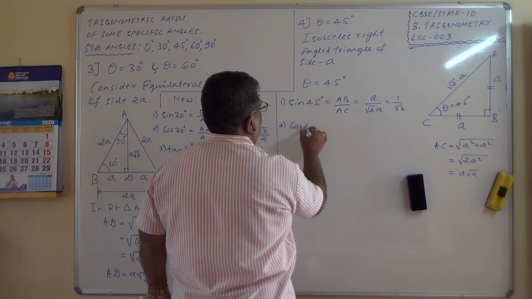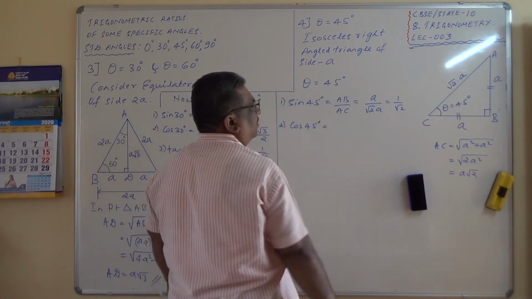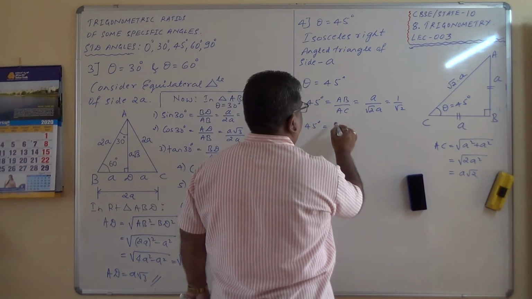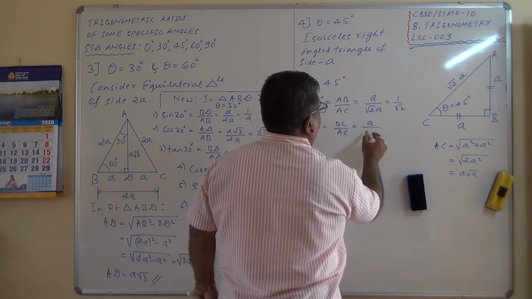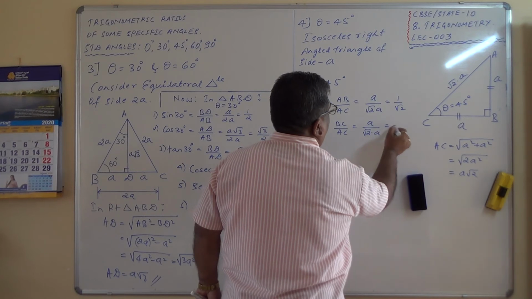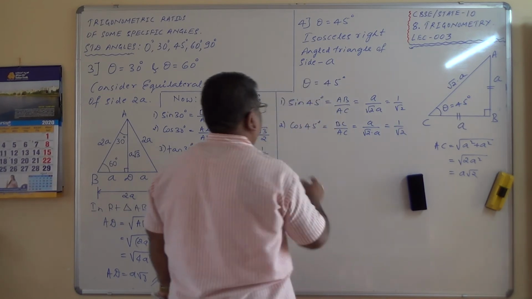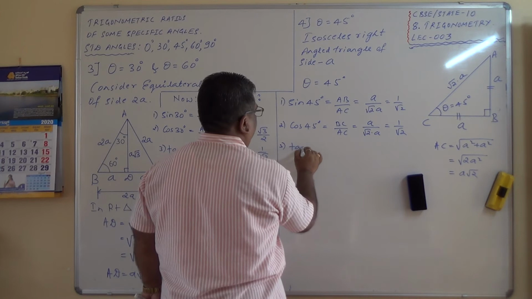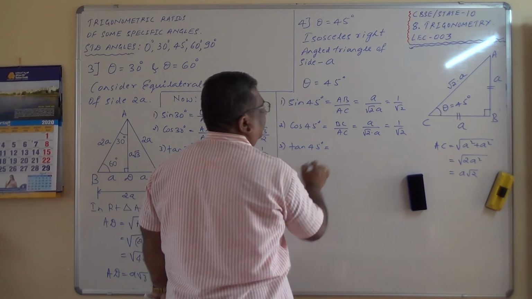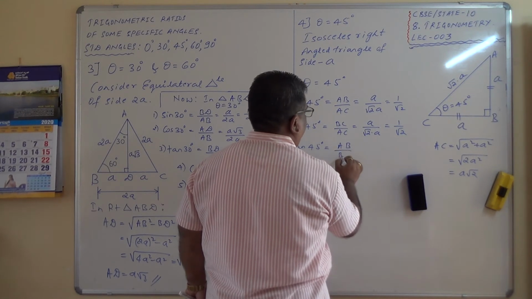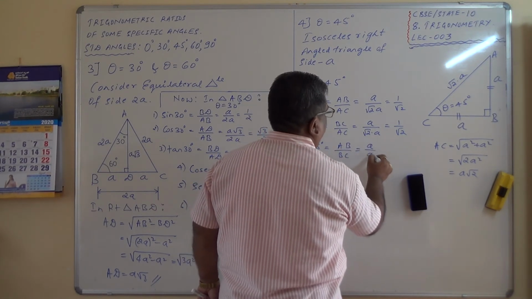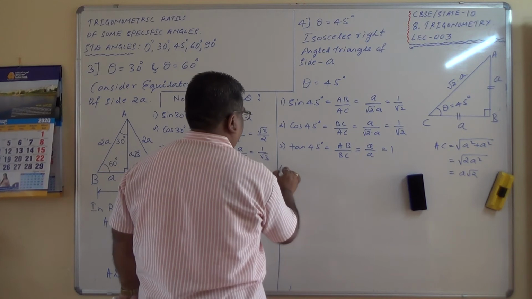Second one, cos of 45 degrees equals BC by AC, A divided by root 2 times A, which is 1 over root 2. Third one, tan 45 degrees equals AB by BC, A by A, which is 1.